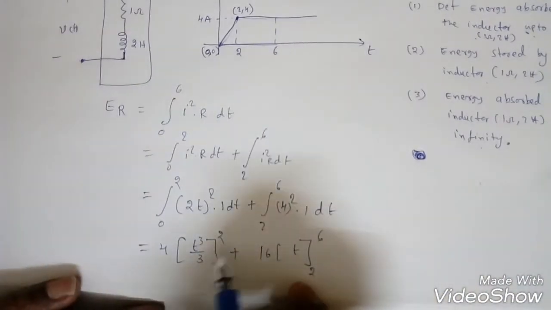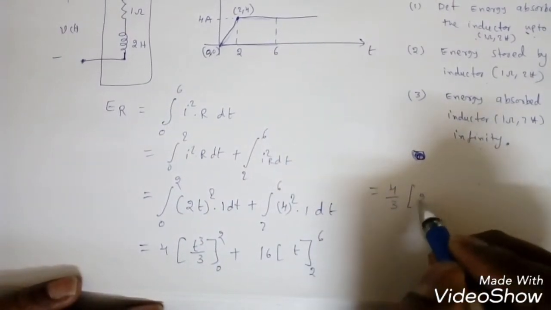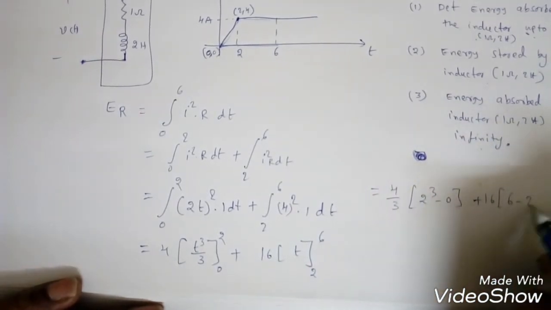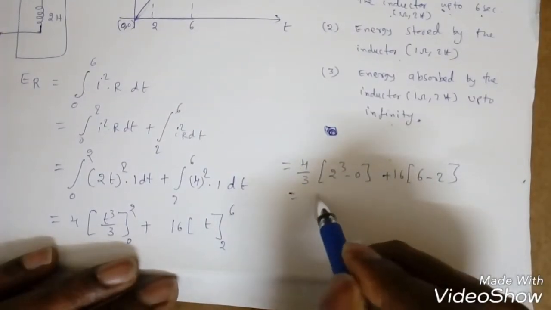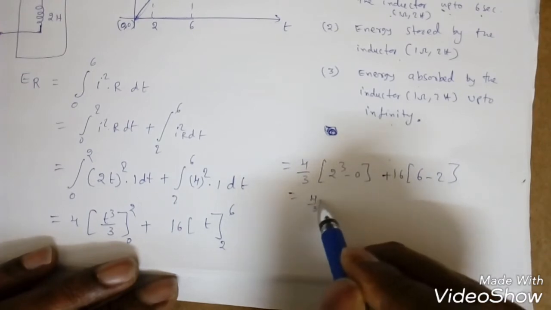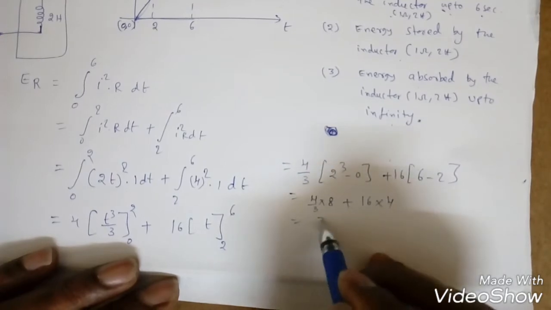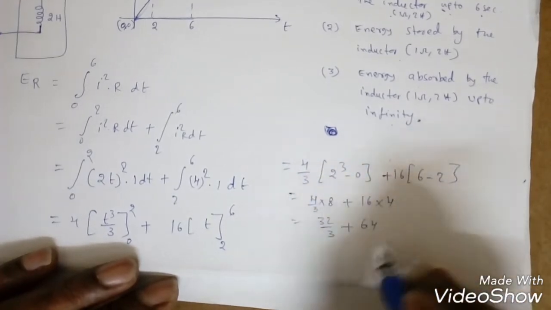Now when I substitute, what do we get? 4 by 3 into 2 cube minus 0, plus 16 into (6 minus 2). 2 cube means 8, so it is 4 by 3 into 8, plus 16 into 4, that is 32 by 3 plus 64.